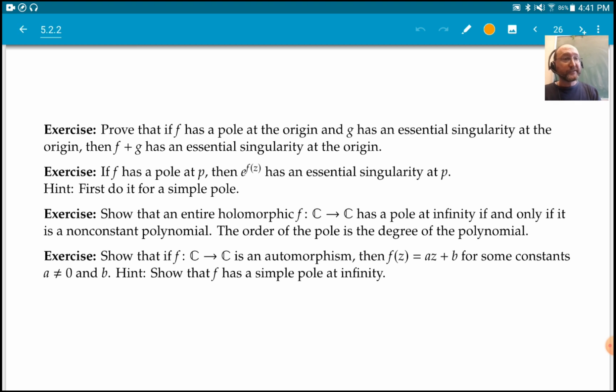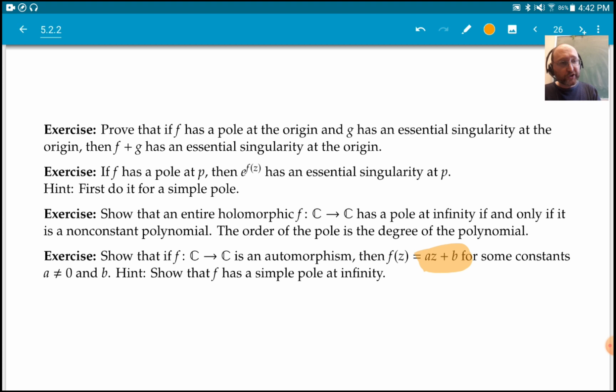All right, now another useful exercise that follows from this, and is related to the previous one, is about automorphisms. If you have an automorphism of C, a biholomorphic map of C to C, then it's an affine function: there are constants A and B, and the function is Az plus B. That's the only thing you can do; the only automorphisms of C are these.